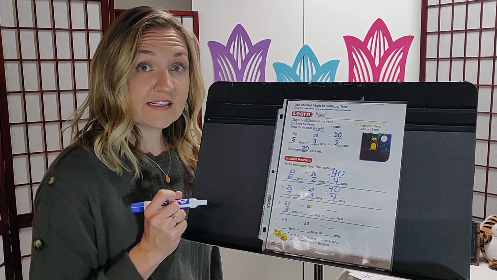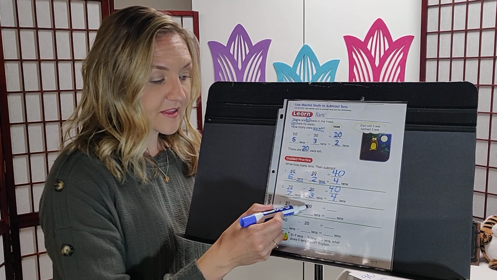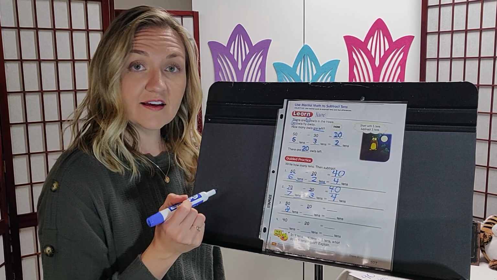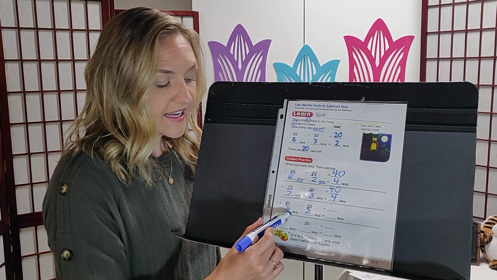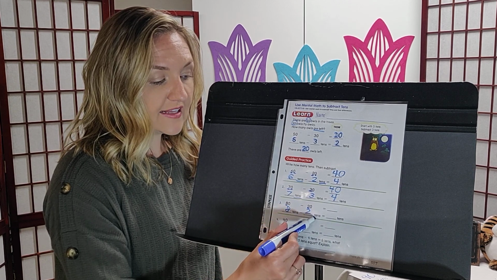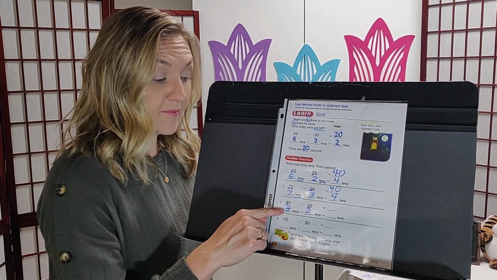20 is the same as how many groups of tens? Look in your tens place value. It has a 2. 8 tens minus 2 tens is equal to tens. Well, use a number line.